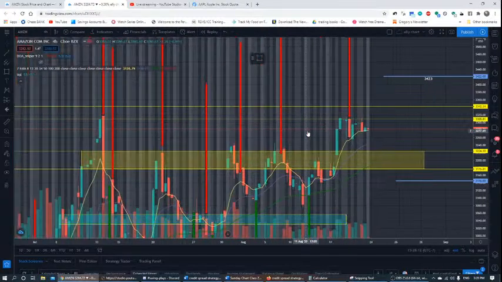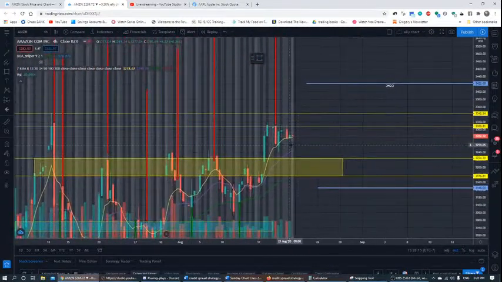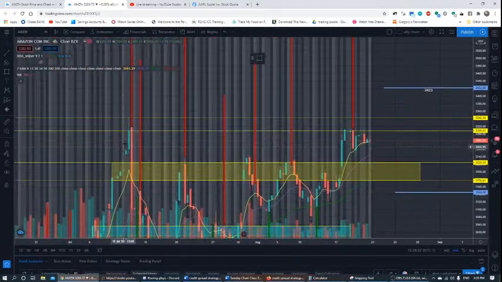So what I'm looking here, I'm looking for a long position because we're actually in this zone right here, and looking back, you're actually holding pretty well. So what I would target, I would target maybe up here.